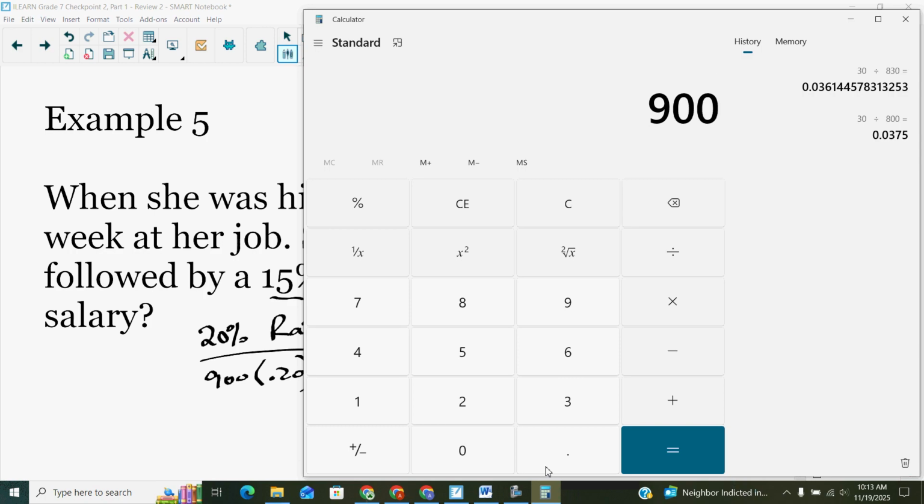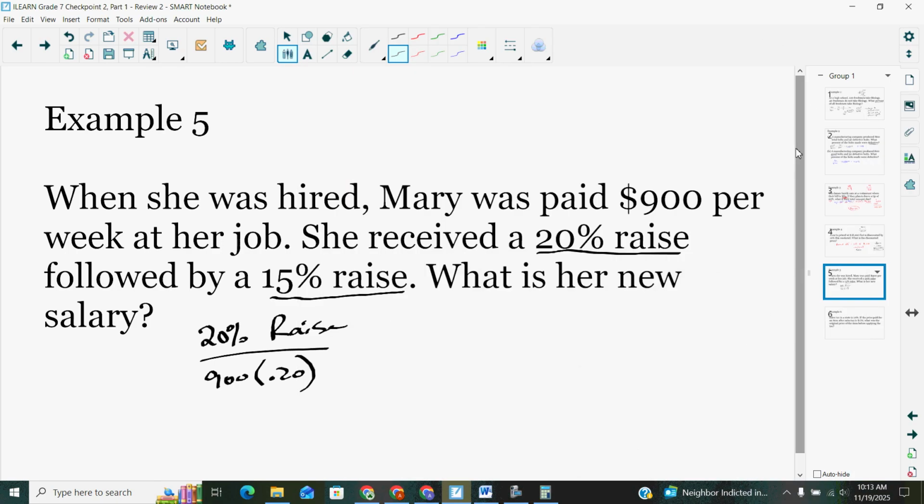So 900 times 0.2. Her raise is $180. So her new salary, she was at 900, we're adding 180, so now her salary is $1,080 per week.